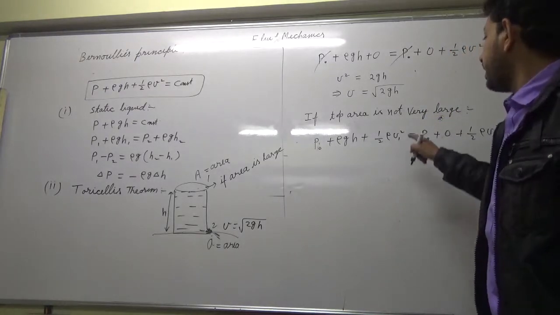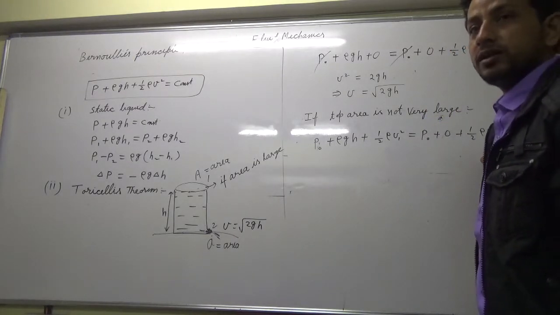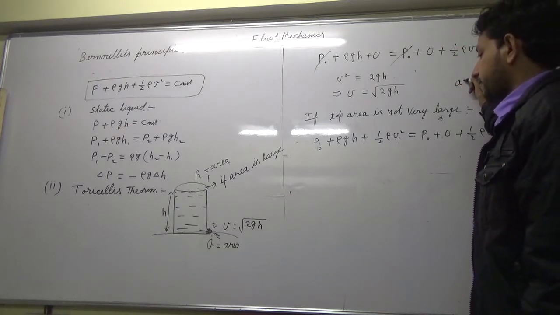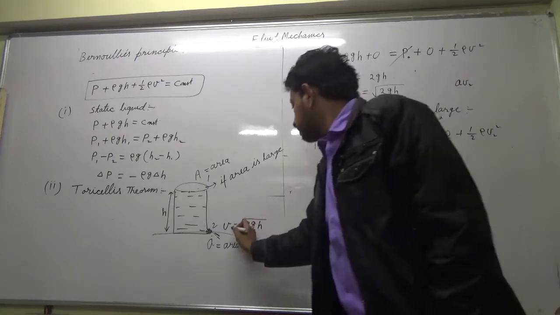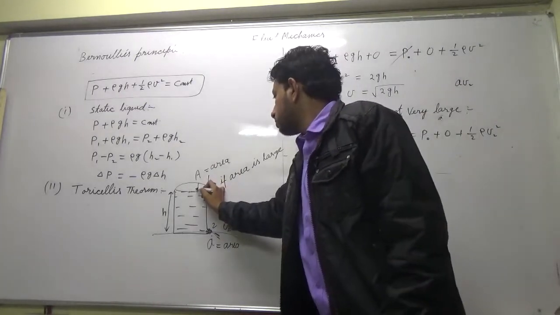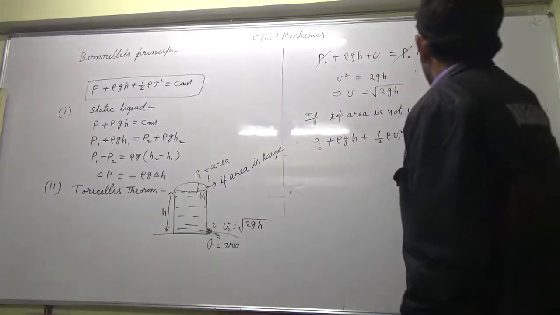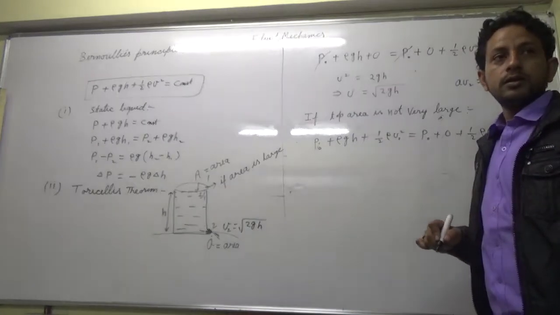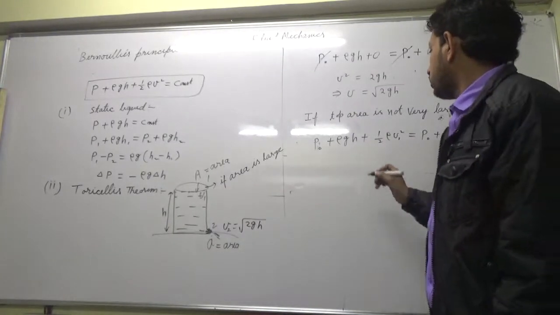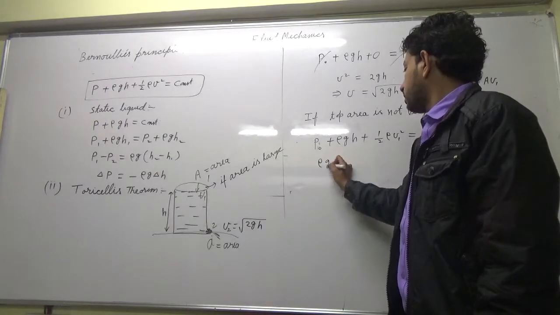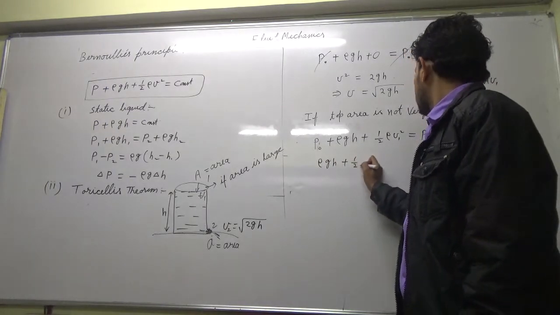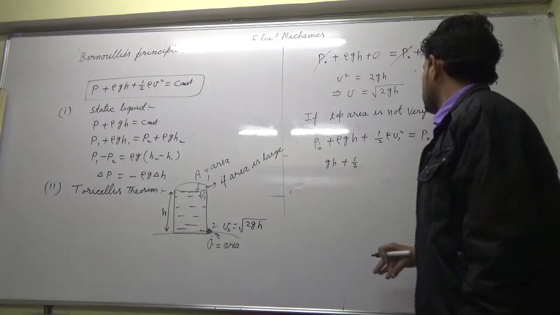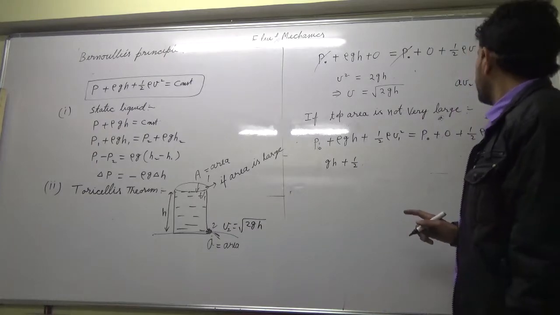Then can we relate these two velocities from the equation of continuity? Can we write a v2 equal to capital A v1? Now we will solve it like this. Rho g h plus half rho v1 square.